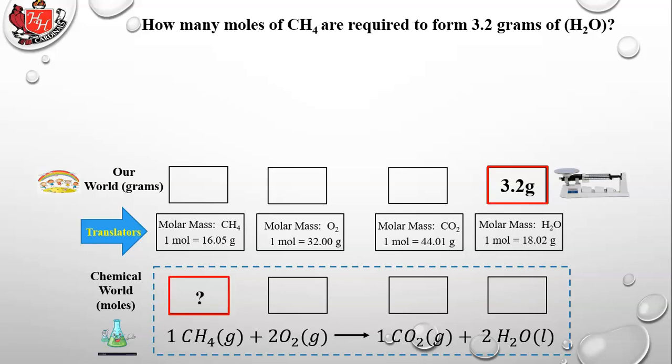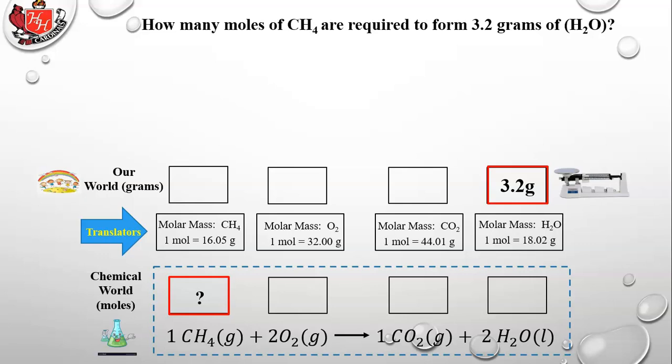All right, so now we know where we're starting, we know where we're ending. Question, can you go diagonally from 3.2 to the question mark? That would be a single conversion. The answer is no. So you have to go up and down and sideways only. Okay. So the question is, can you go from 3.2 to the left to the grams of CH4, that's right above CH4, and then down?